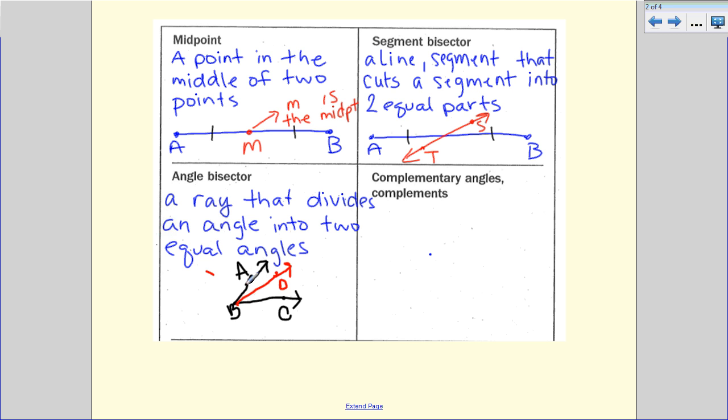And so what that means is this angle is congruent to this angle.